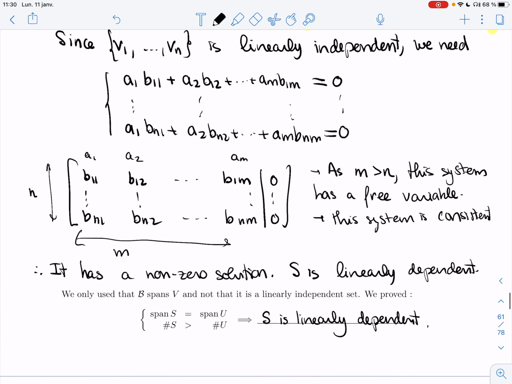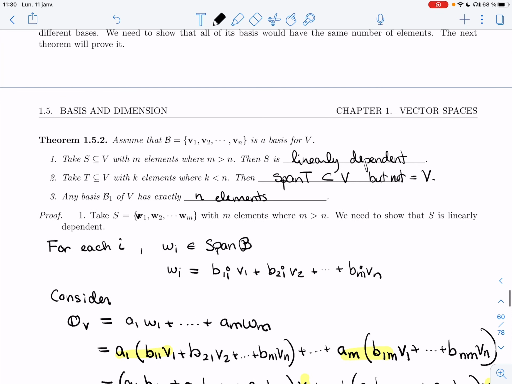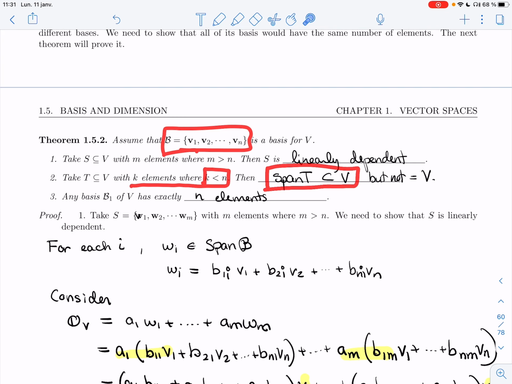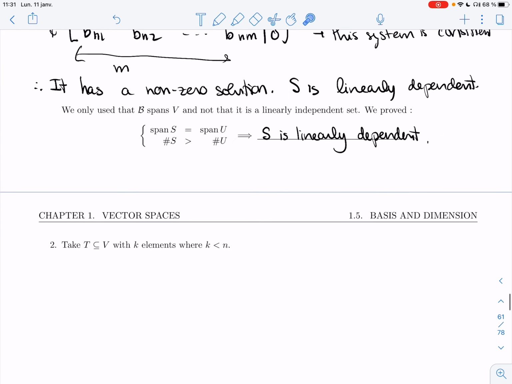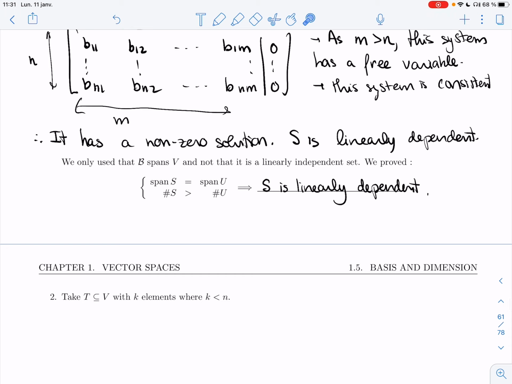Perfect. Now let's move on to 2. I want to prove that if T is inside V, has K elements where K is less than n, so a smaller subset than this, then the span of T cannot be all of V. All right, so I'm going to take T inside V with K elements where K is less than n.